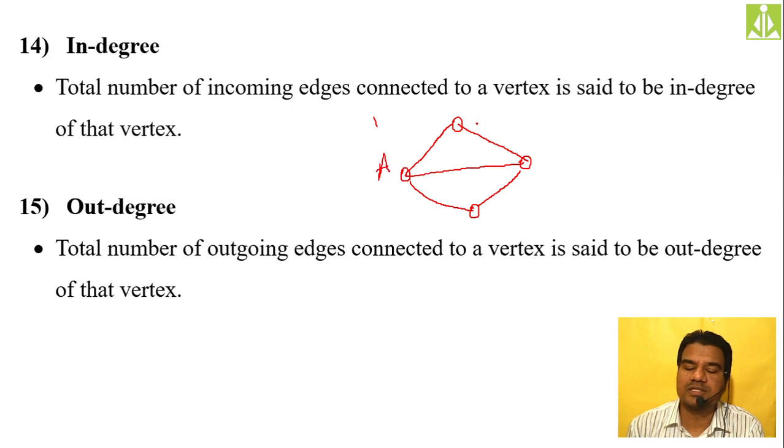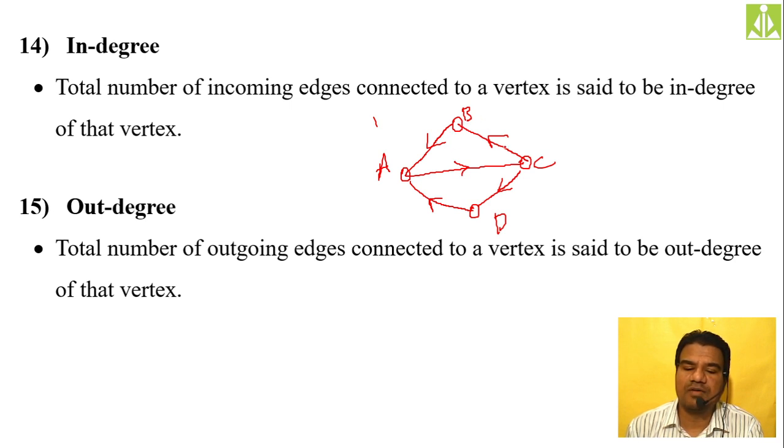So here let us say this is A, this is B, this is C, this is D. Now from A to C like this I have, from A to B like this, from B to D like this, and like this. All the directions I have like this. So now, what is the in degree for B?